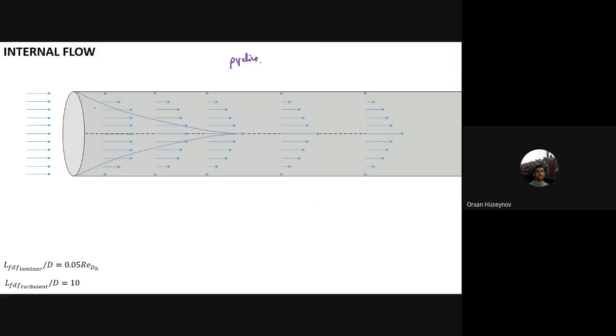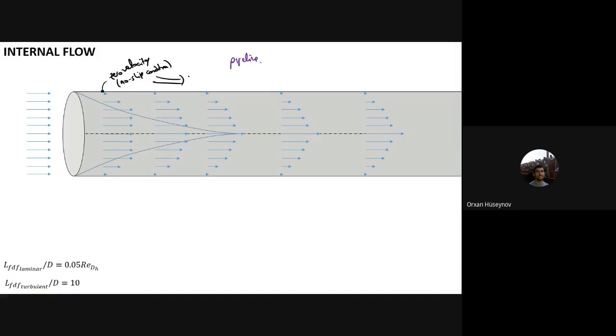So you have flow into the pipeline system, or you can think of this as a heart, blood flow, or whatever you want. When the fluid flows inside that pipeline system, at the boundary here you have zero velocity. Zero velocity is due to the no slip condition, which I think I talked about in the previous slides.